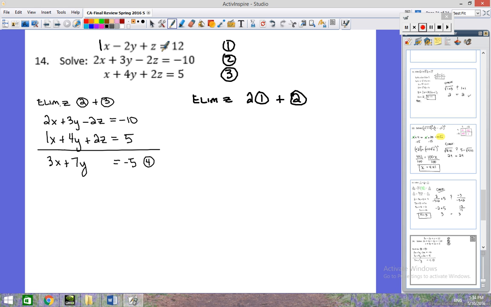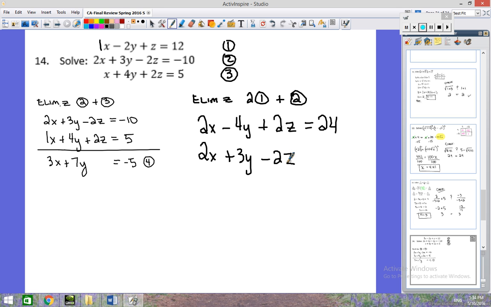So in equation 1, if I multiply both sides by 2, I get 2x minus 4y plus 2z is equal to 24. Equation 2 is 2x plus 3y minus 2z is equal to negative 10. I add these together and I get 4x minus 1y.